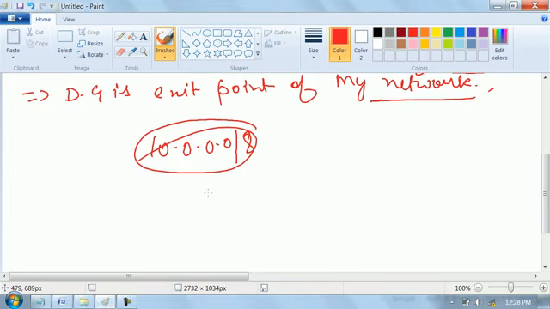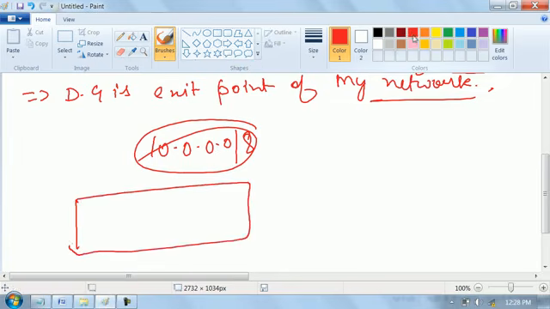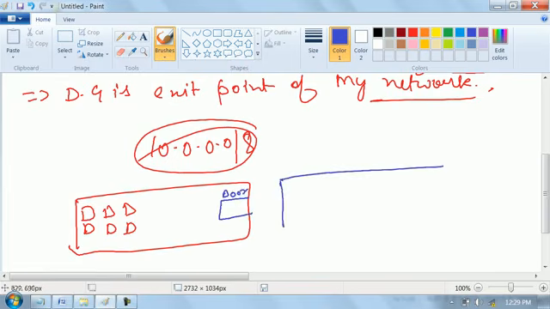Just try to understand now. If I say this is a room, six people are in this room. This is a door. This is another room. This is also a door.